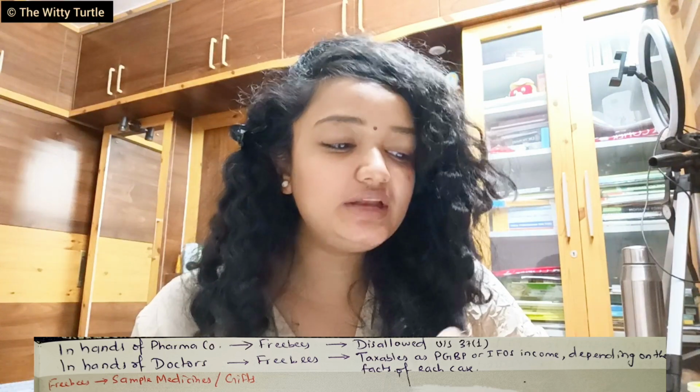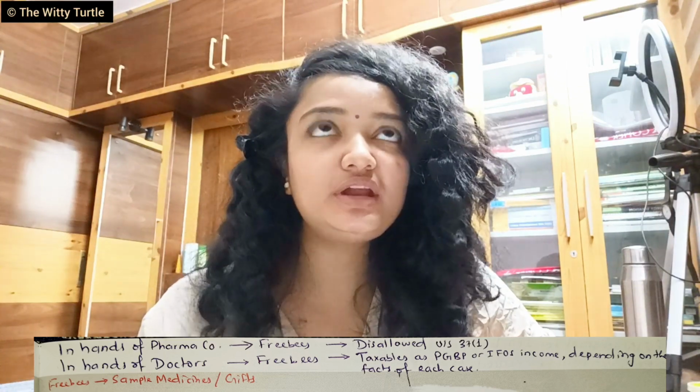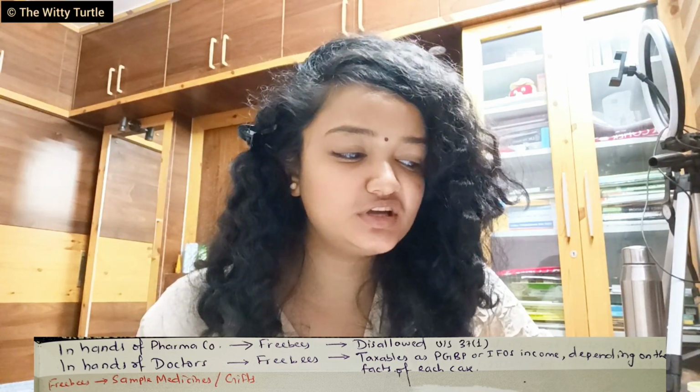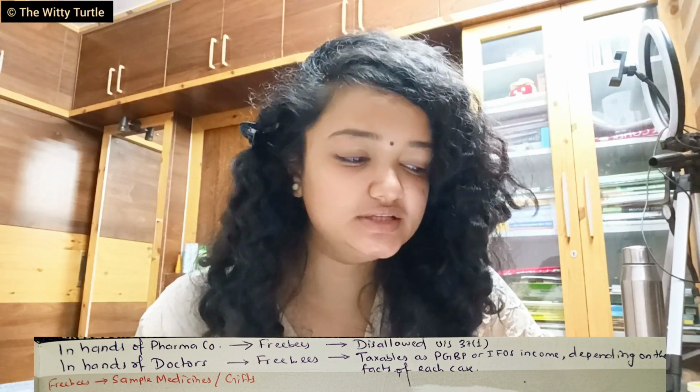Now coming to the next provision, which was given as a circular under the CBDT. It says that expenditure incurred on a key man insurance policy is allowed as a deduction under this particular section, right? We studied in the very first class the meaning of key man insurance policy, right?